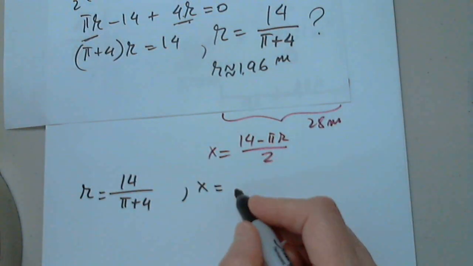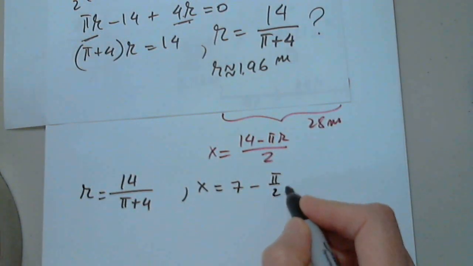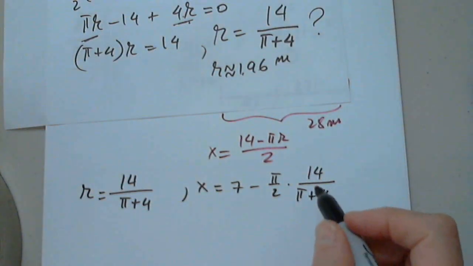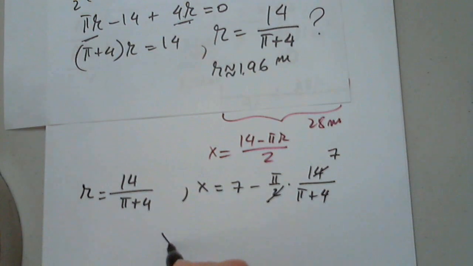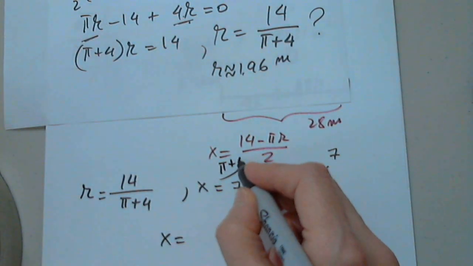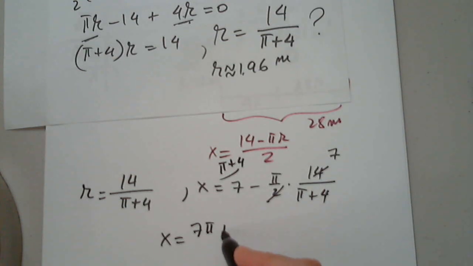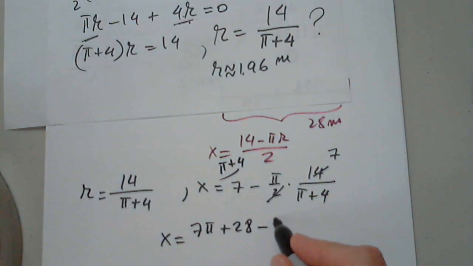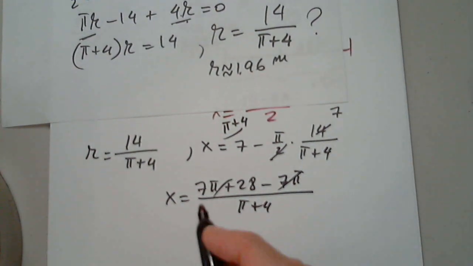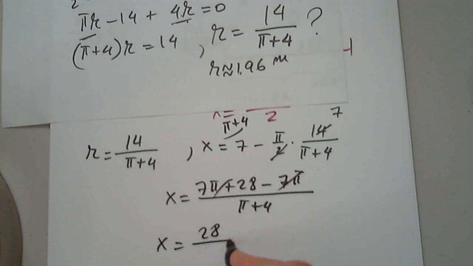So this is x equals 7 minus pi over 2 times r, with r equal to 14 over pi plus 4. So x equals 7 pi plus 28 minus 7 pi, over pi plus 4. Okay, so you have to enter x to be 28 over pi plus 4. Don't enter it just yet.